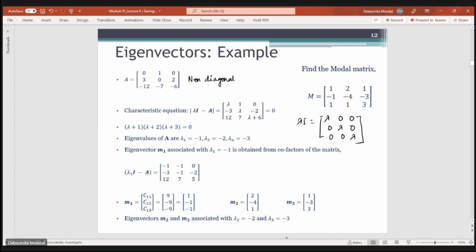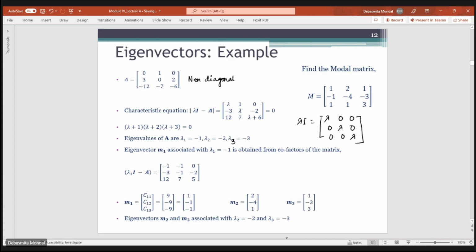If you simplify this equation, these are the solutions. So you have three solutions: lambda 1 equals minus 1, lambda 2 equals minus 2, and lambda 3 equals minus 3.